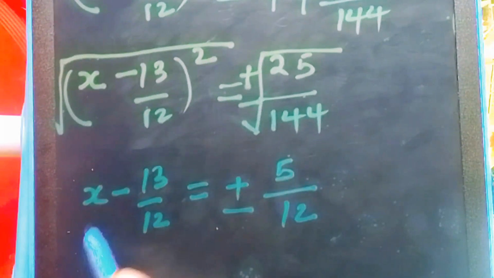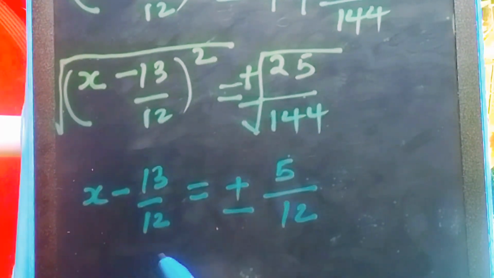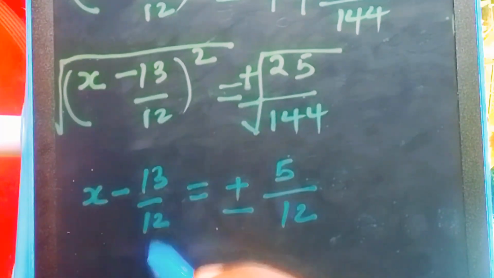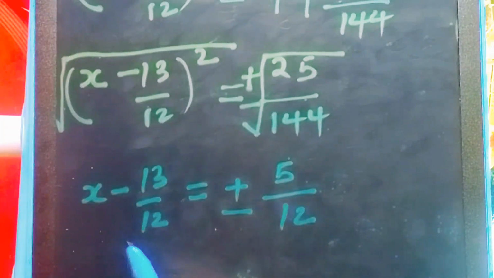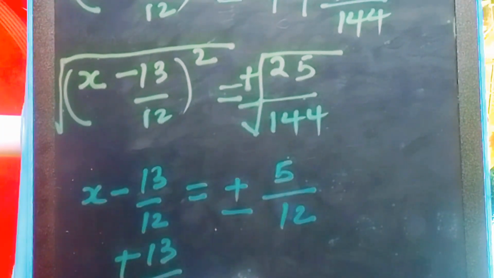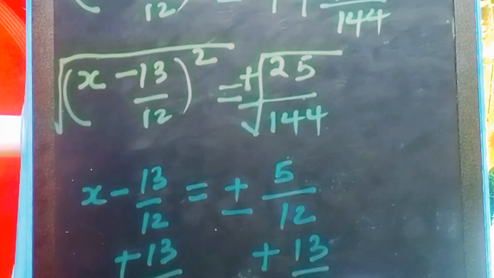So we need to simplify this. We are going to collect like terms, or rather, we can take this to the other side, or we can eliminate it as we did when we were starting. So how do we get rid of this? Because it is a negative, we are going to add its equivalent, and whatever we've done here, we are going to do to the second side also.